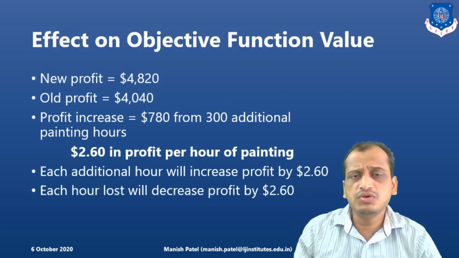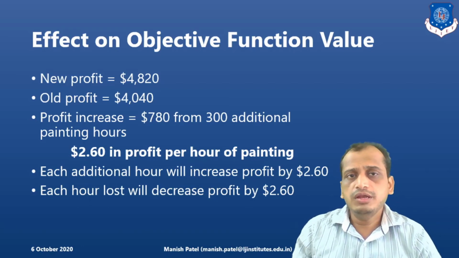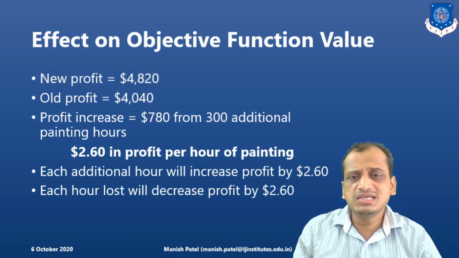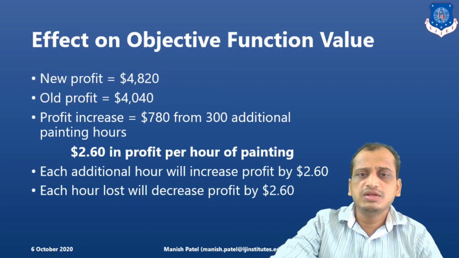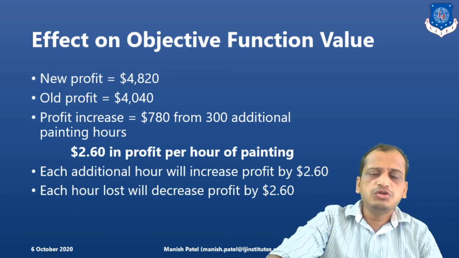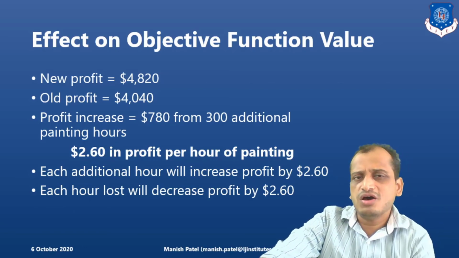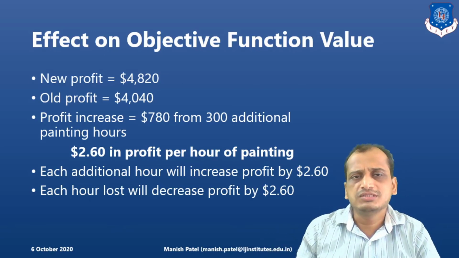We have increased the painting hours, in units of hours, right? So in another way, if you divide 780 by 300, you get $2.60 per hour increase in profit. What this means is that if you increase just 1 hour of painting, it is going to increase the profit by $2.60.